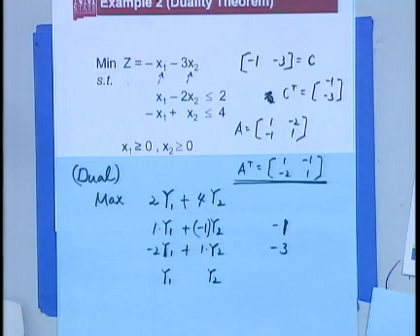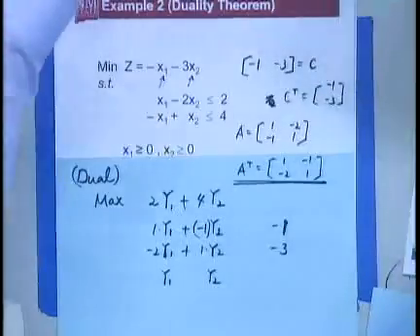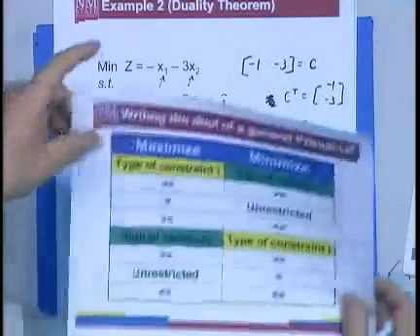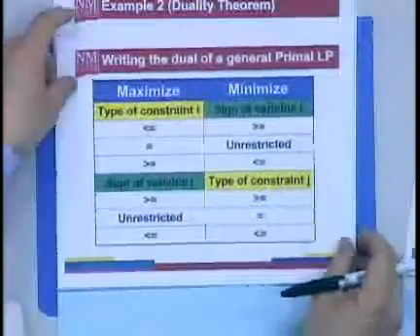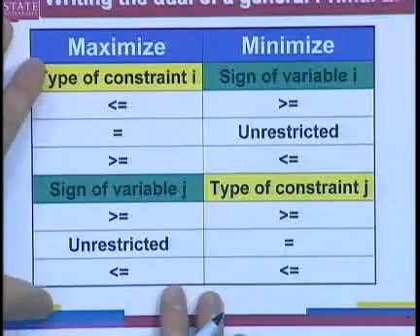Now we need to determine the right direction for each constraint and the sign of each variable, right? Last time we learned how to use this table to determine those signs.